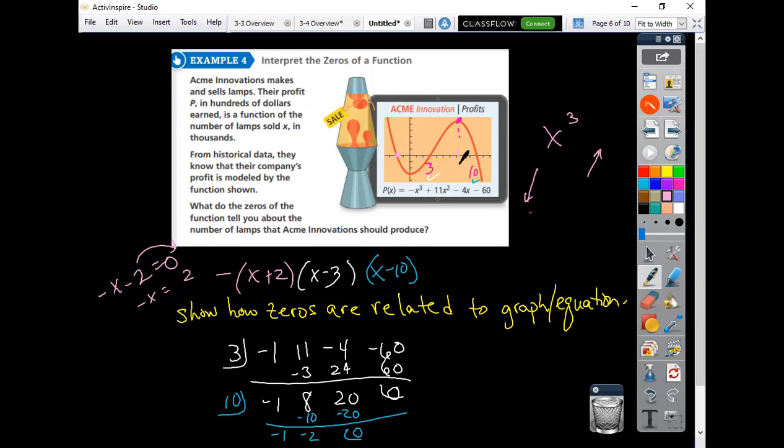If I really wanted to know an answer for this one, I would probably, just out of curiosity, again, take that original equation of -x cubed plus 11x squared minus 4x minus 60 and jump over to like a Desmos or something. So let's see if I have a Desmos open here.